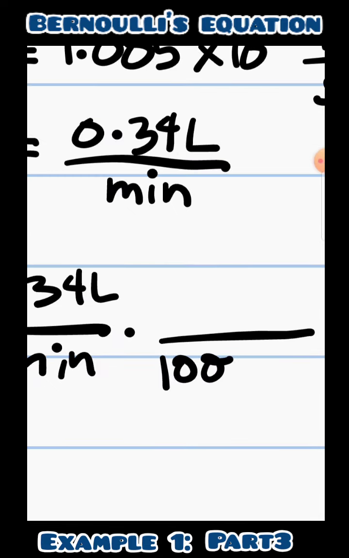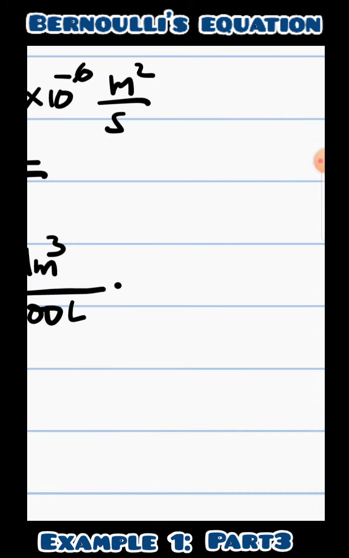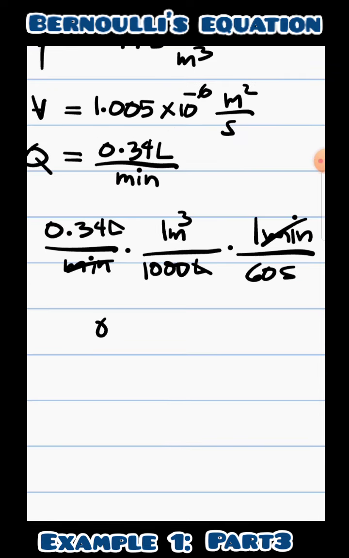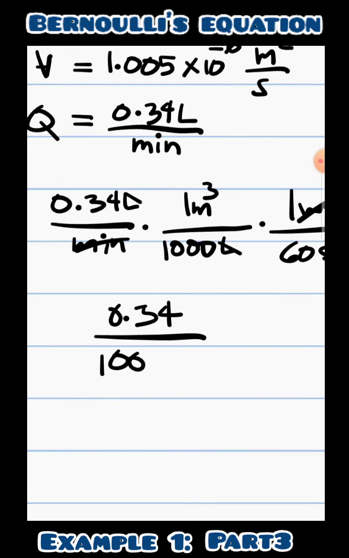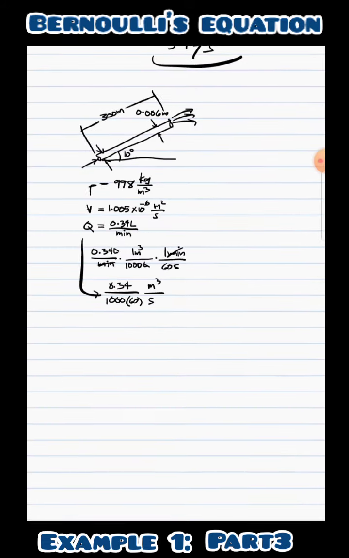We know 1000 liters is equal to 1 cubic meter, and we want to convert minutes into seconds, so we multiply by 1 minute over 60 seconds, and now the liters and minutes cancel out. We're left with cubic meters per second, and it's going to be 0.34 over 1000 times 60 cubic meters per second. So this is our Q, right?